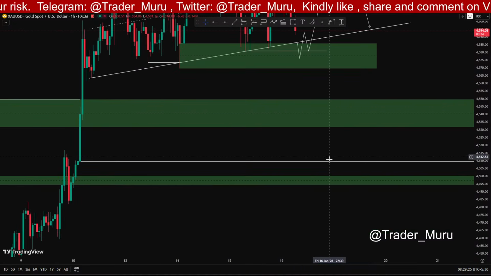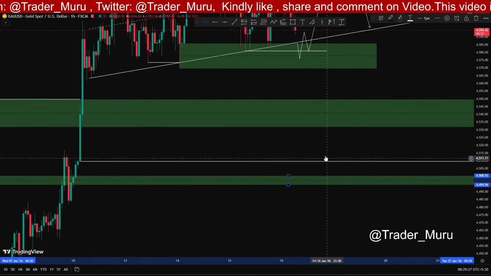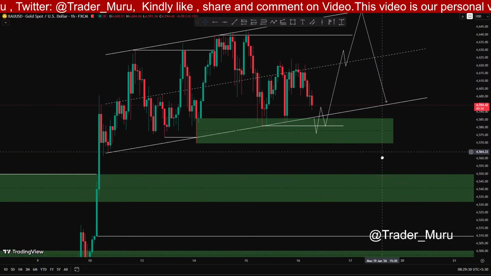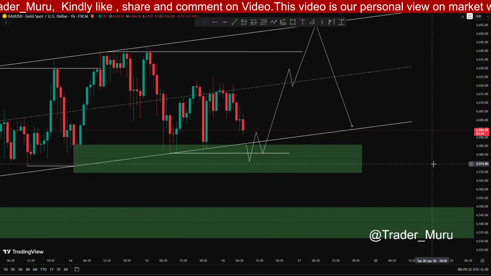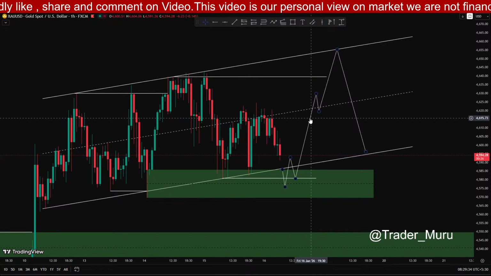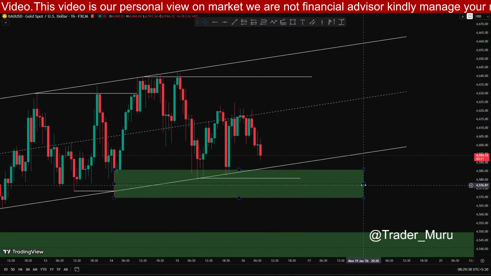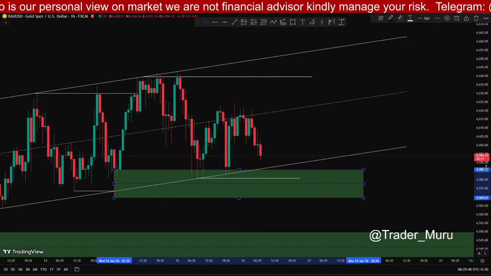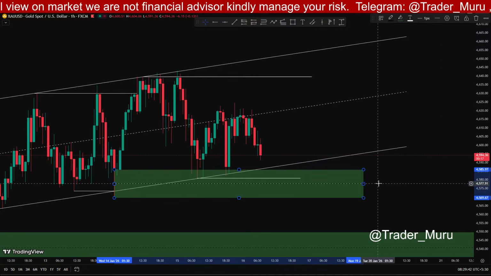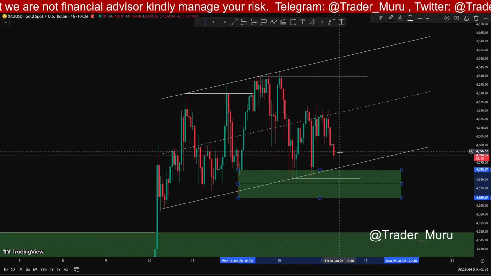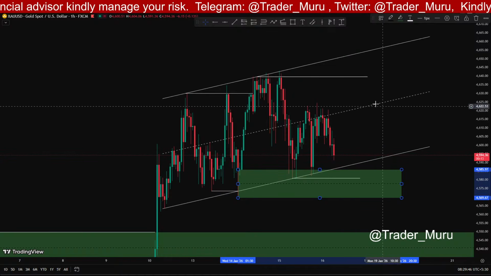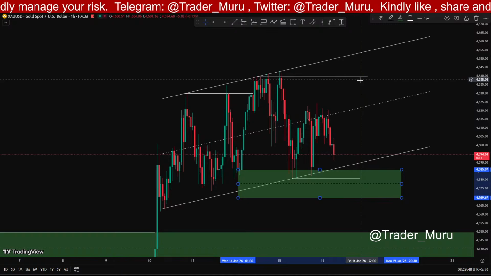Then price can test 4500. So we will see this price action here around the area of 4585 to 4569. After testing this area, we will be again watching for buy, and our target will be this high.